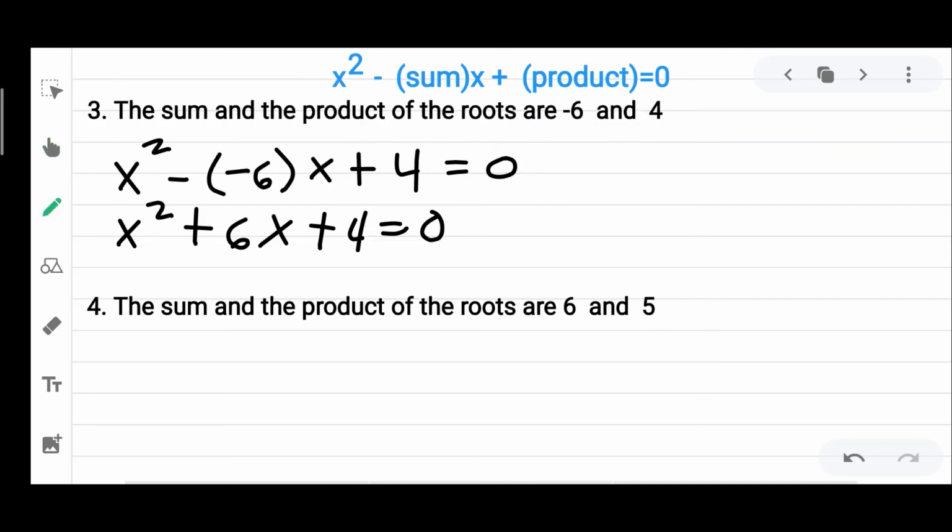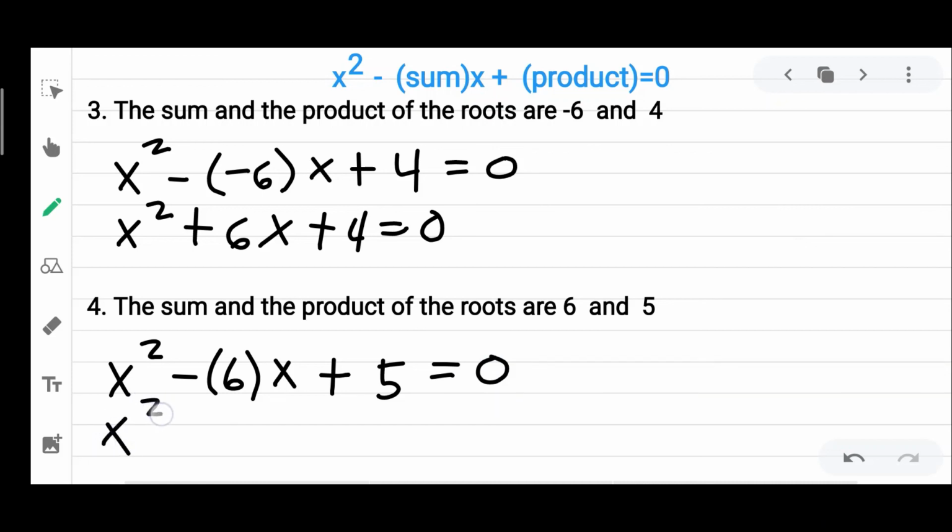So, just copy x squared minus the sum, which is 6x, plus the product, which is 5, then equals 0. So, bring down x squared. Negative times positive 6, the answer is negative 6x. Bring down positive 5 equals 0.